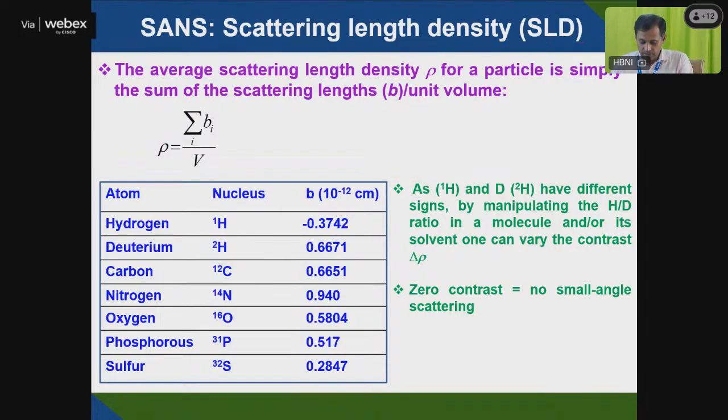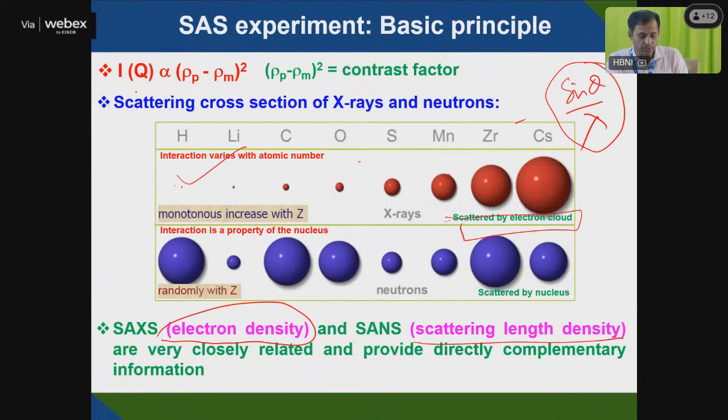So the equation, as I said, is that I(Q), the intensity at the scattering vector Q, is proportional to rho P minus rho M, which is nothing but the contrast factor.